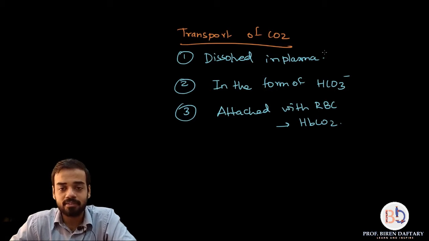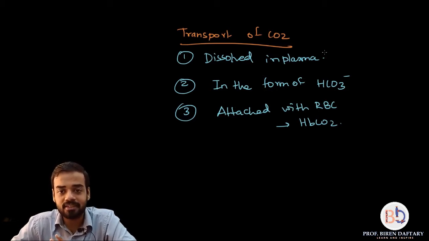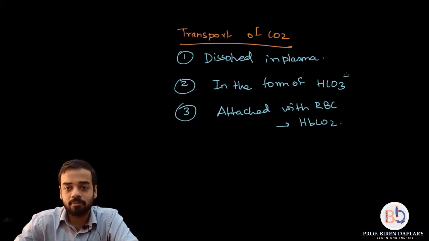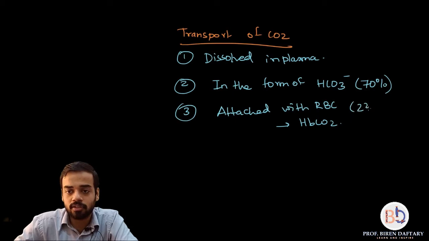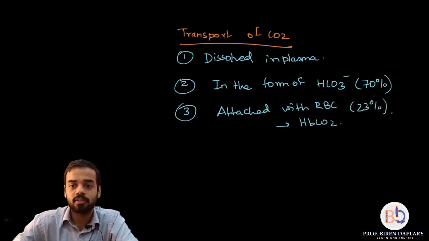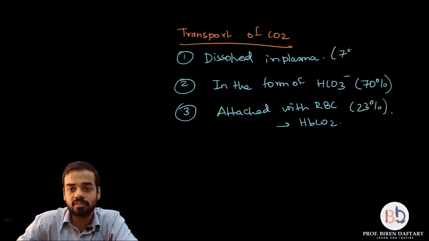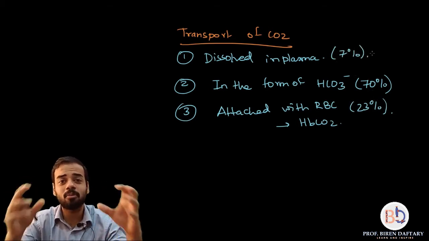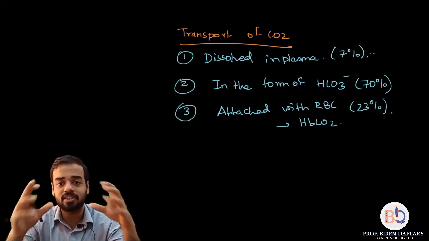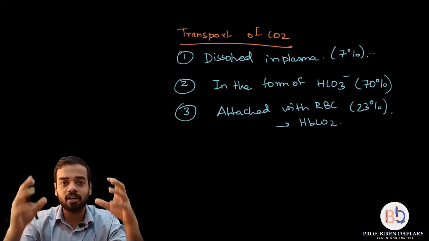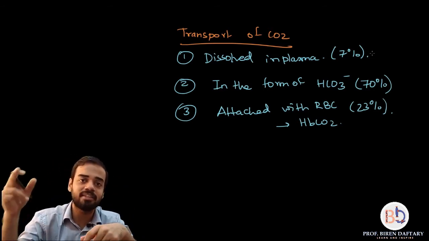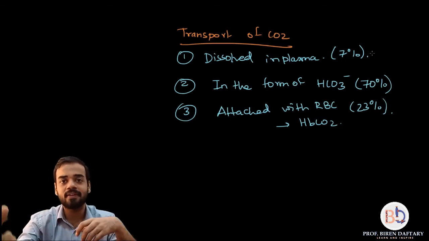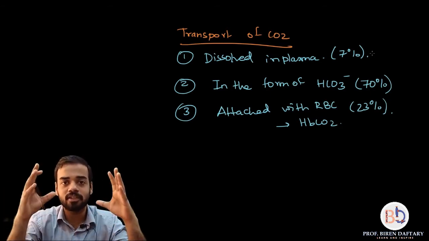Is this clear? Please remember, the bicarbonate route occurs 70% of the time, this one occurs 23% of the time, and this occurs only 7% of the time. So the maximum amount of carbon dioxide is transferred in the form of bicarbonate ions. The least amount is transferred by dissolving in plasma, and then we come to attachment with hemoglobin.